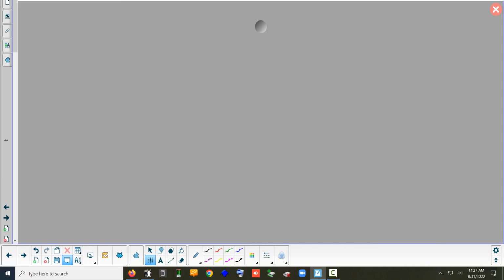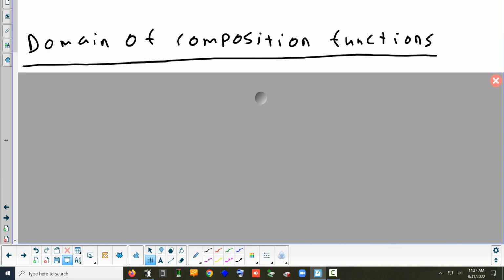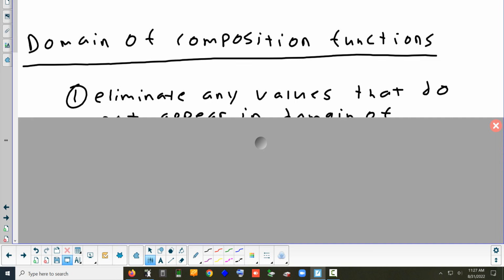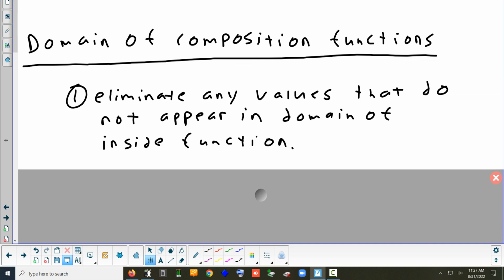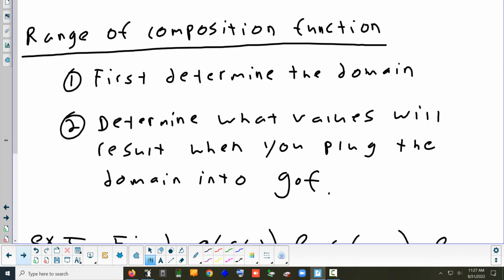Okay, so how do we figure out the domain when we do a composition? It's 2 steps. The first step is eliminate any values that are not in the domain of the inside function. If you think about, we're starting with all real numbers. That's our domain to start with. First thing we do is get rid of any values that are not in the domain of the inside function.